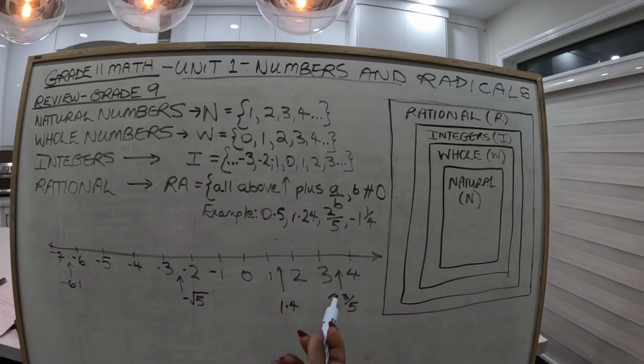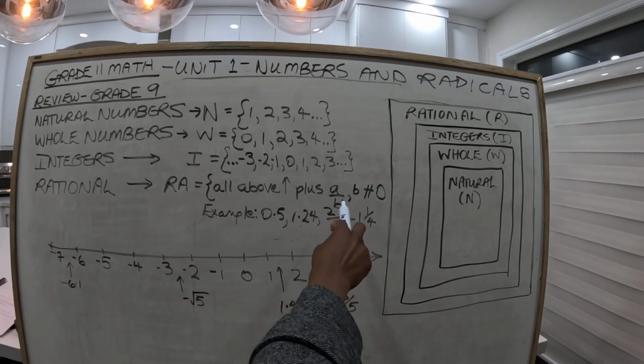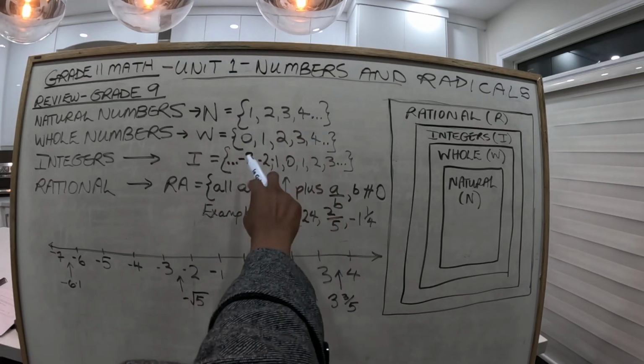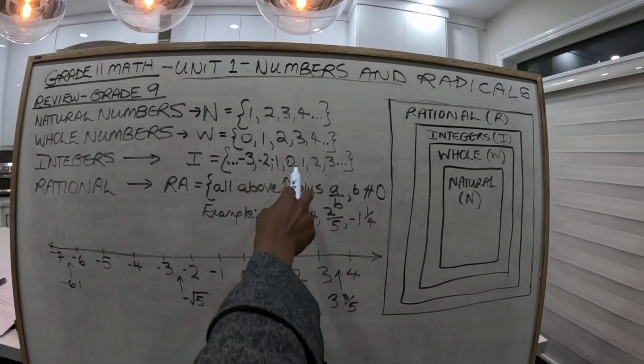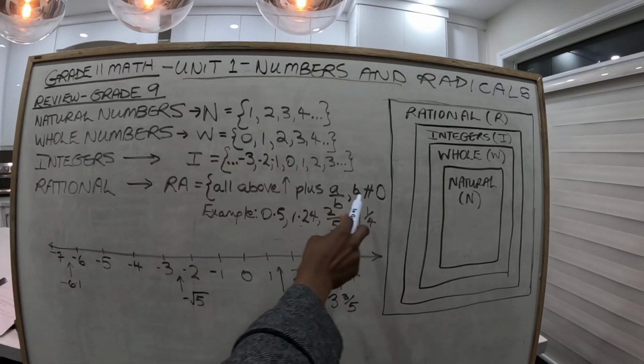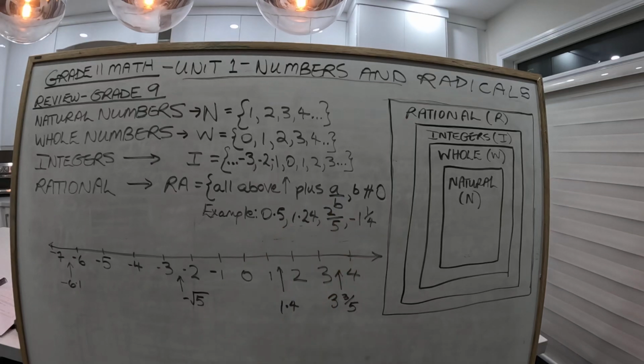It's not possible to divide by a 0. So any number where a is any of these or b is any of these except 0. In the whole number section, we won't use a 0 where b is equal to 0. And then we can see these examples here.